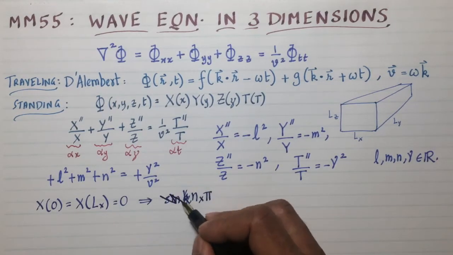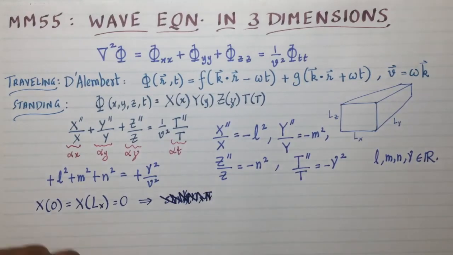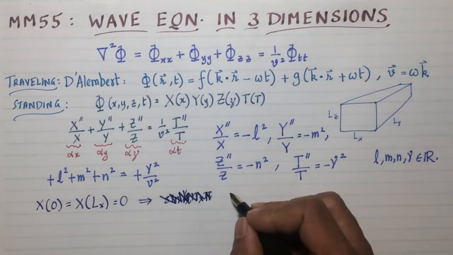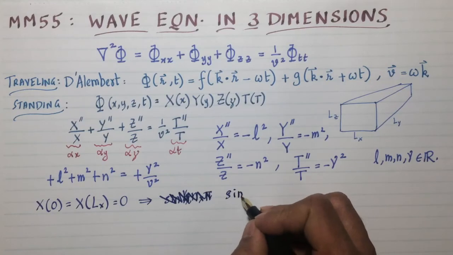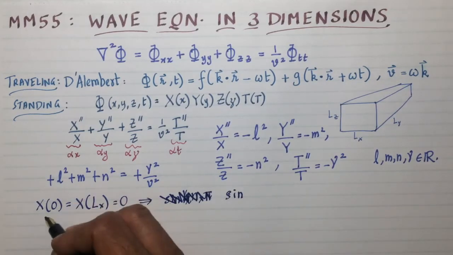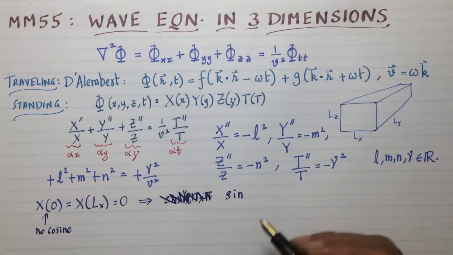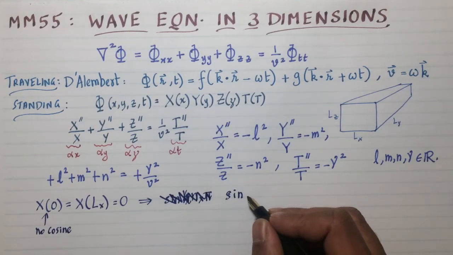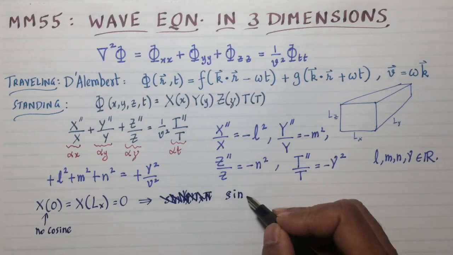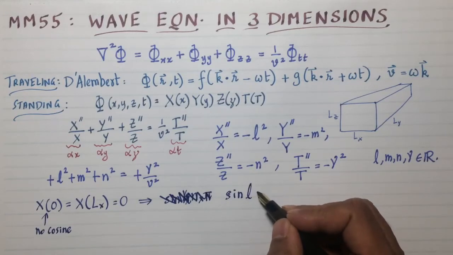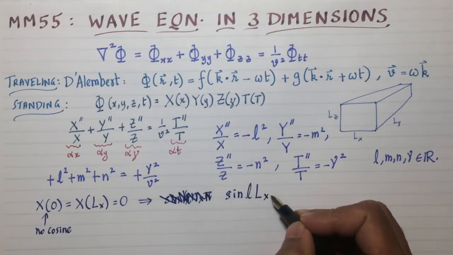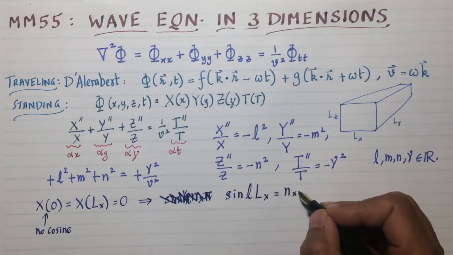Well, actually, let me do this more carefully. I'm going to have sines and cosines. Cosines are ruled out by that. So that tells us there's no cosine. The only other possibility is that I can have sine of L x, but L times Lx equals nx times pi.